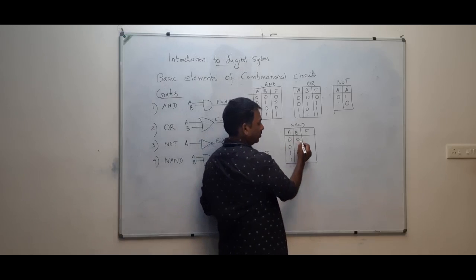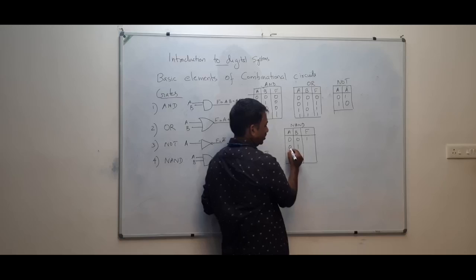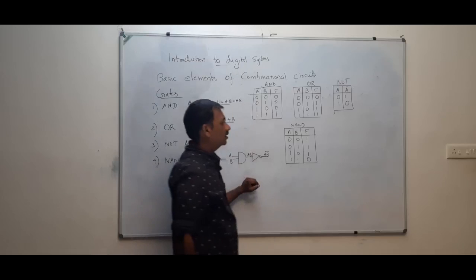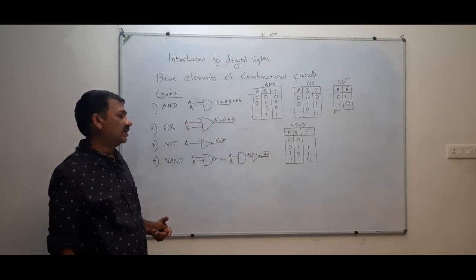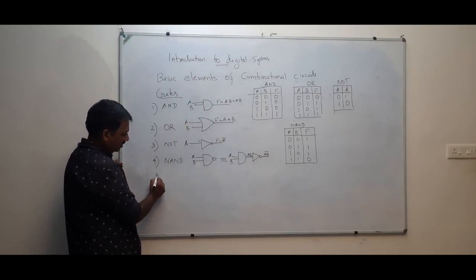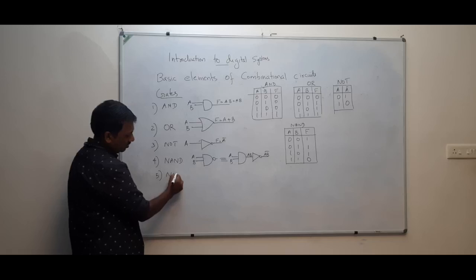So 0 into 0 is 0, complemented 1. 0 into 1 is 0, complement is 1. 1 into 0 is 0, complement is 1. And 1 into 1 is 1, complement is 0. That means not of AND. That is the NAND gate.